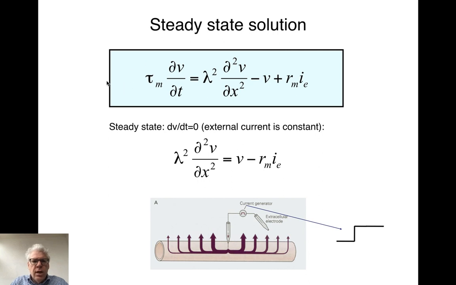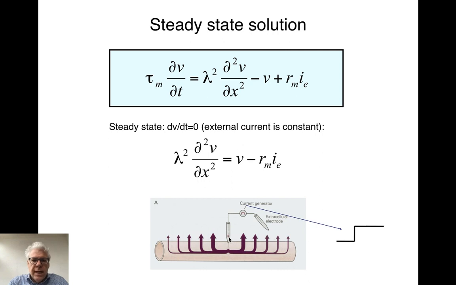Now, to get a feel for the cable equation, it can assist to consider two extreme situations. And the first one is a steady state solution where we assume that the external current is constant. So we have a little cylinder, part of our axon, and we inject a particular current at a particular position, and we wait sufficiently long that there are no changes in the currents anymore.